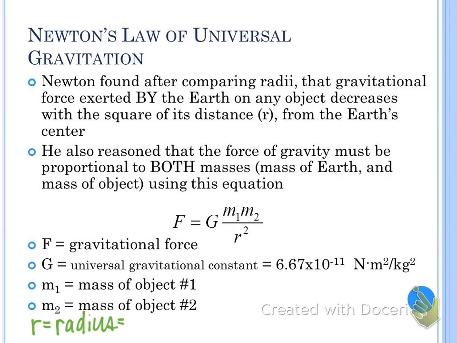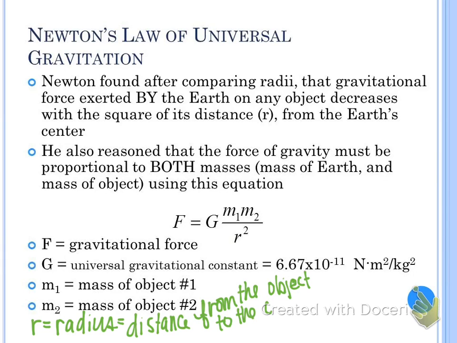And last but not least, I didn't write this down, R is the radius. But it's essential here that you understand this is the distance from the object to the center of the Earth.